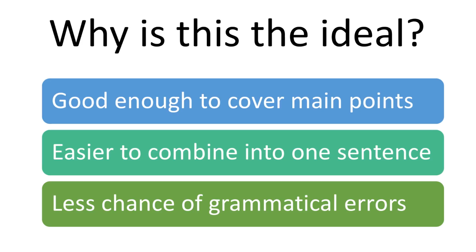The more words that you have, and the more sentence fragments you will have, it will increase the chances of making a grammatical error. So when you keep them limited to 35 to 45 words, these chances decrease. So these are the 3 reasons why we think 35 to 45 words is the best.